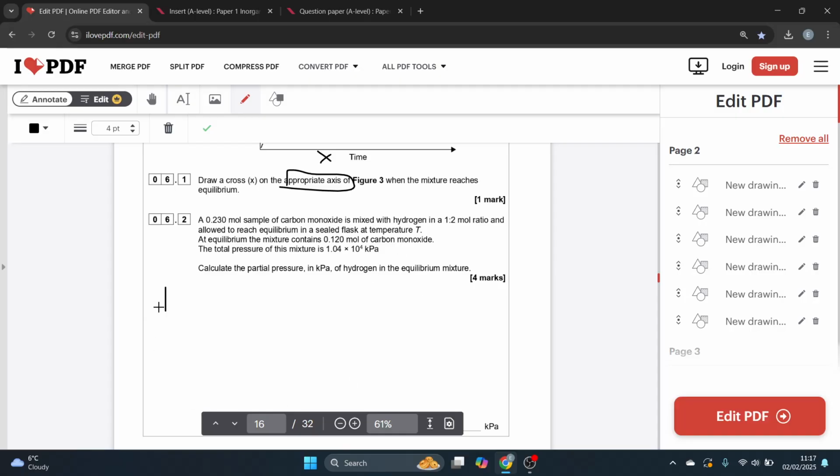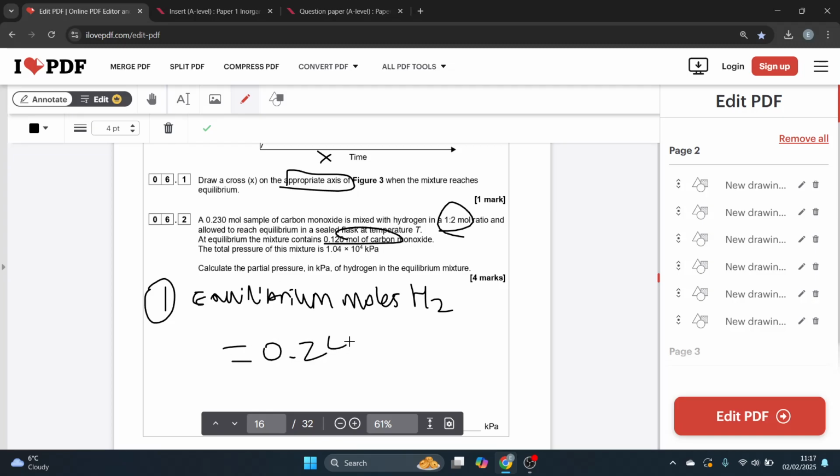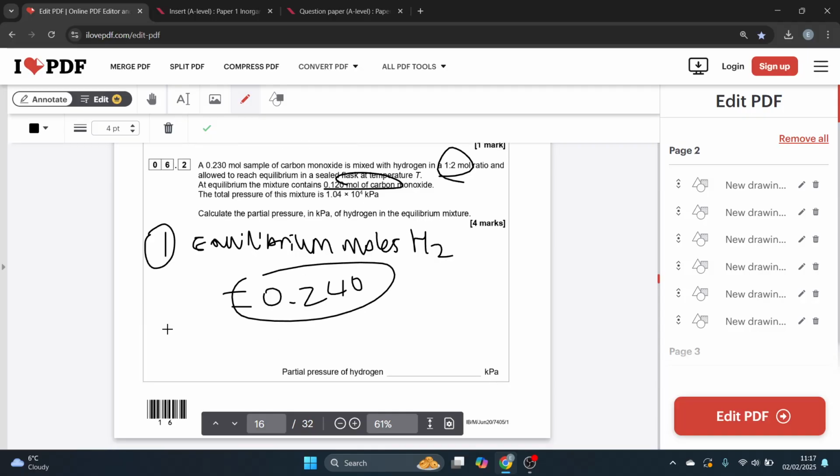So first thing I can do is find the equilibrium moles of hydrogen, and I can do that quite easily because it tells me it's a 1 to 2 molar ratio. The equilibrium mixture will contain this much carbon monoxide, so it's just going to be 0.124 times 2. Then I can work out the total number of moles.